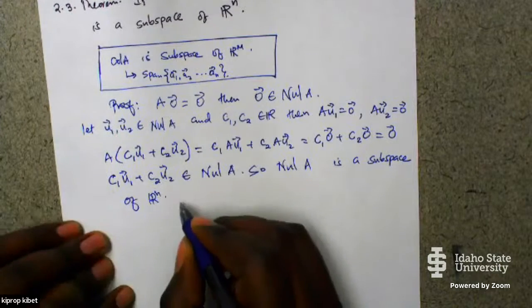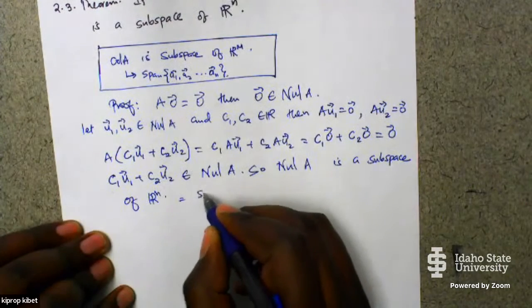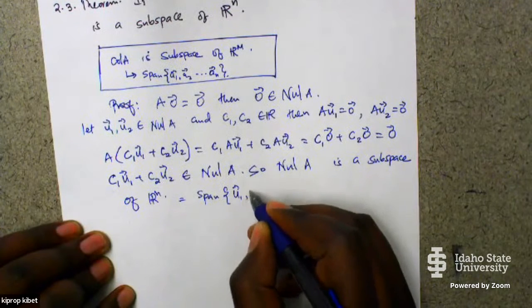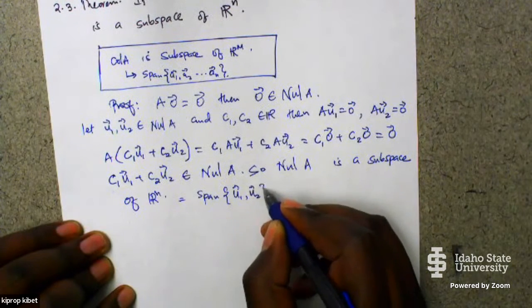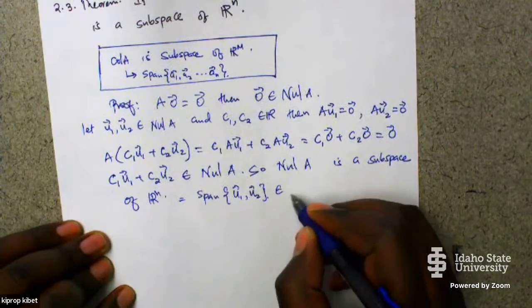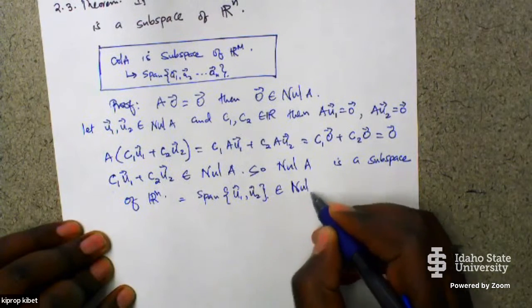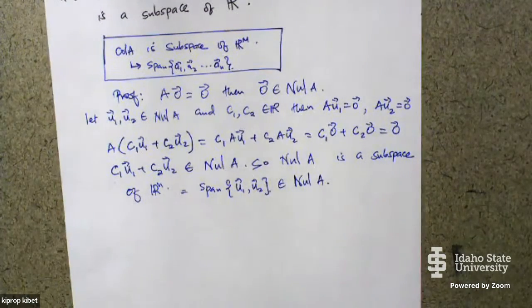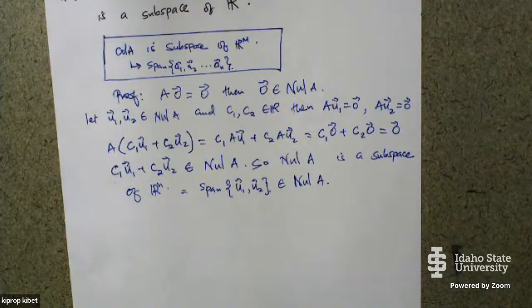So this is the same as the span of U1 and U2, and this span of U1, U2 is an element of the null space of A. We'll see an example on this and see what we mean.